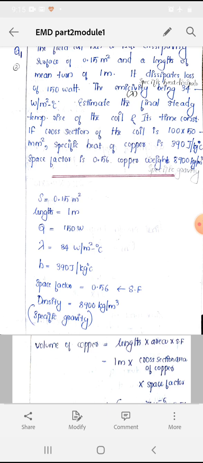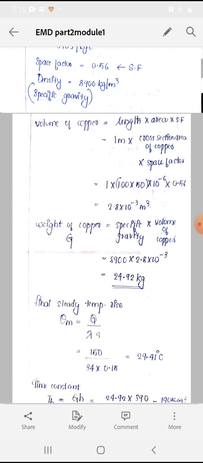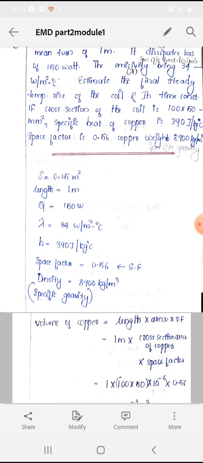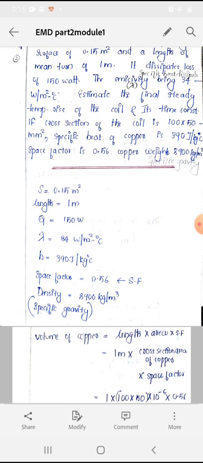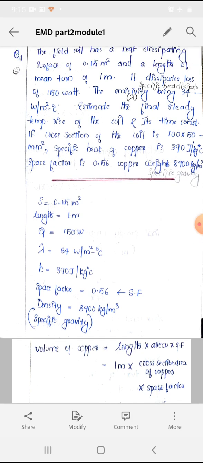So lambda is 34 watts per meter square degree Celsius and S is the cooling surface area, that is in meter square. S in the question is given as 0.15 meter square. It is the cooling surface area as well as the heat dissipating surface area.